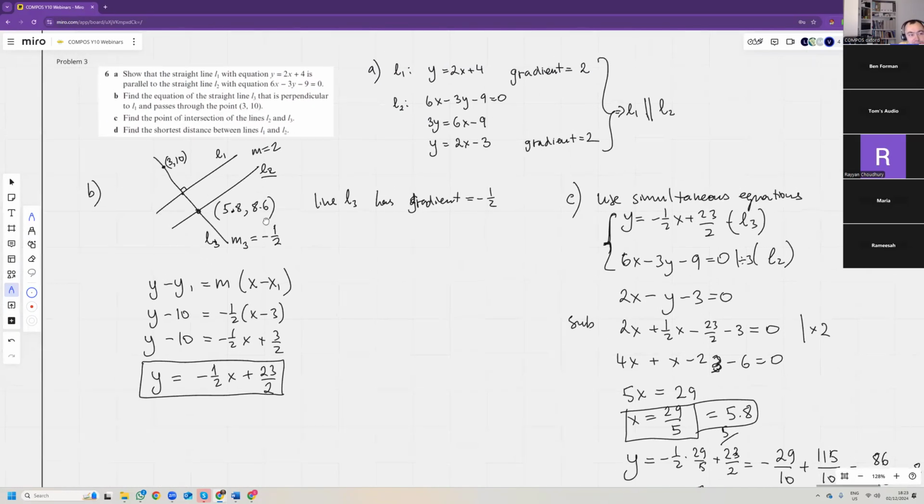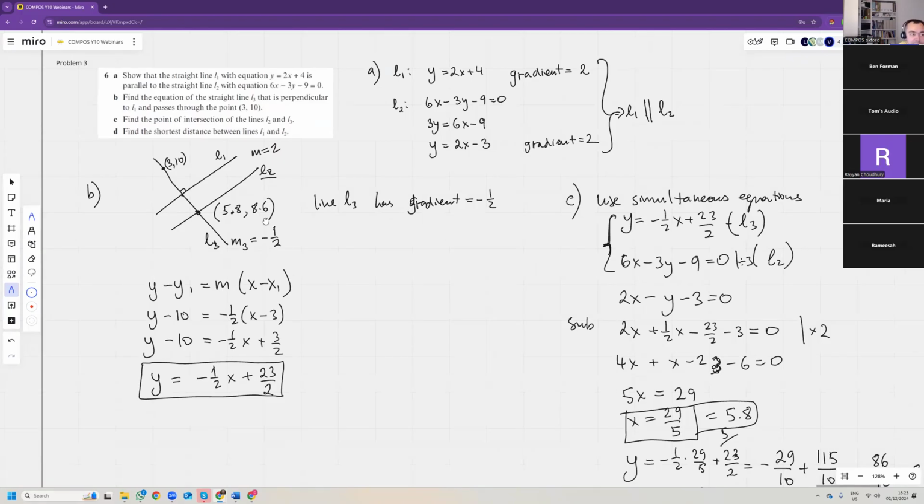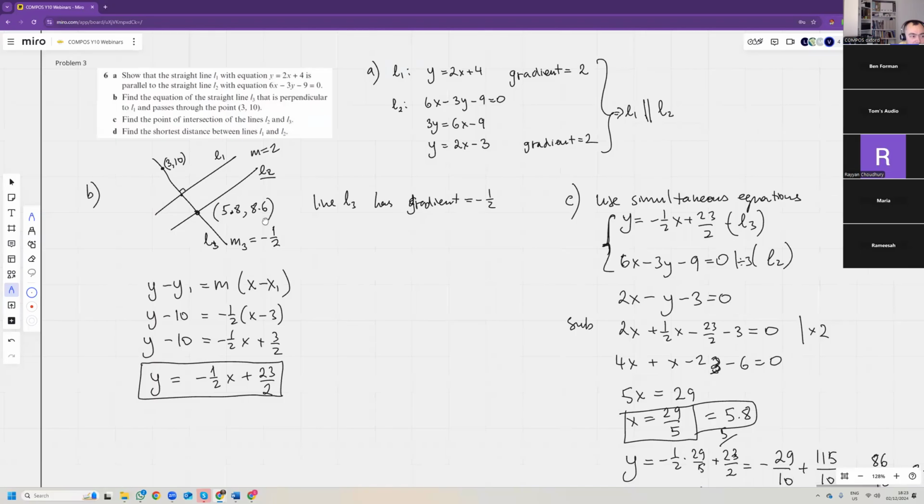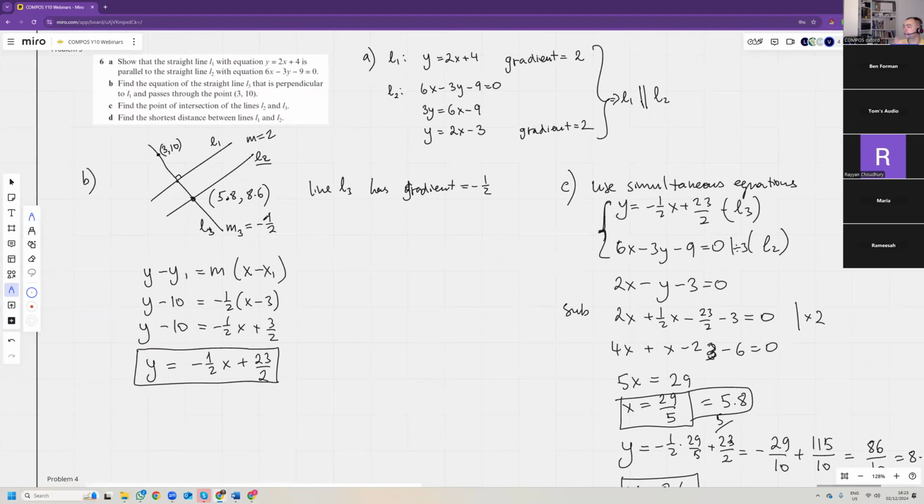Find the shortest distance between the lines L1 and L2. L1 and L2, the shortest distance, or just the distance between the lines. So you have two parallel lines. The distance between two parallel lines is the length of the perpendicular. But this bit is perpendicular to both.